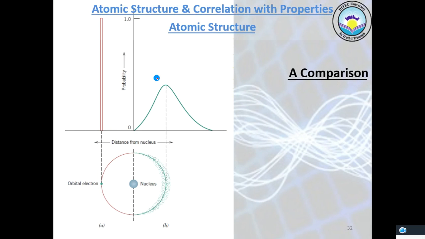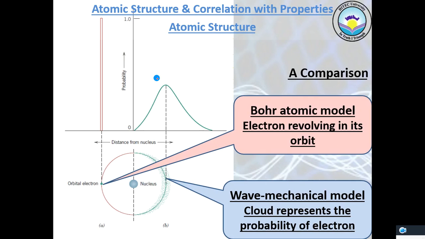We can see here the probability of finding an electron for the wave model. The cloud represents the probability of finding electrons. The maximum probability of finding an electron is here; you can see the probability of finding an electron here is maximum.